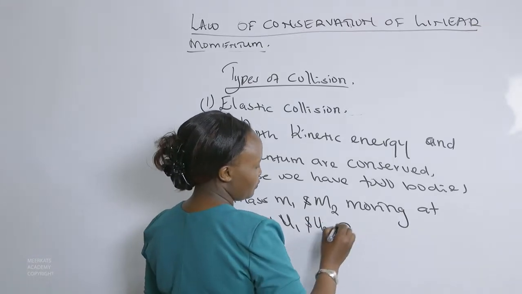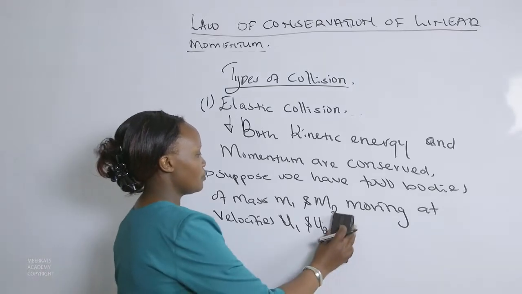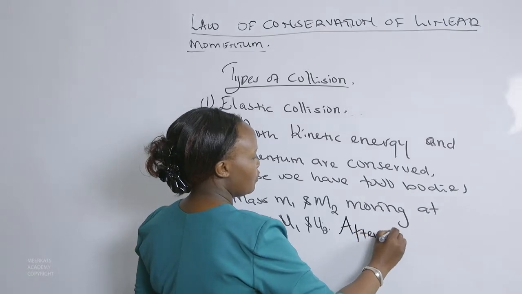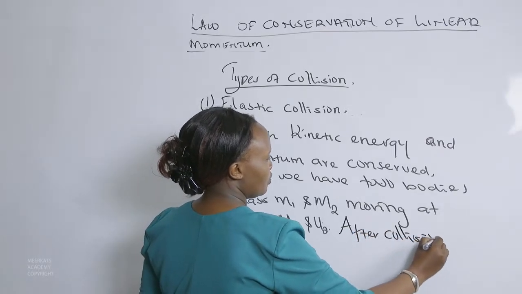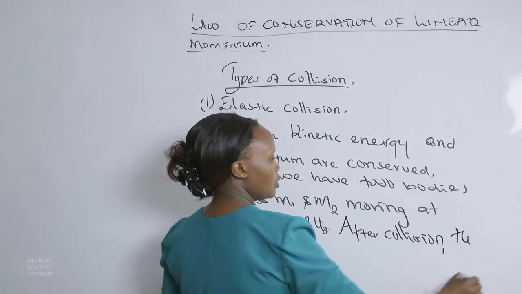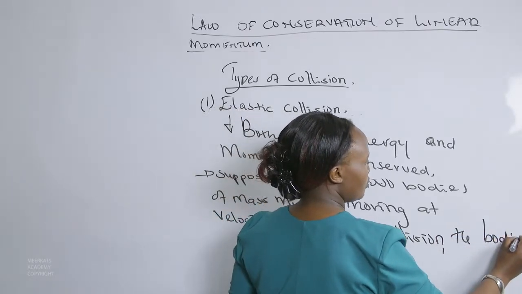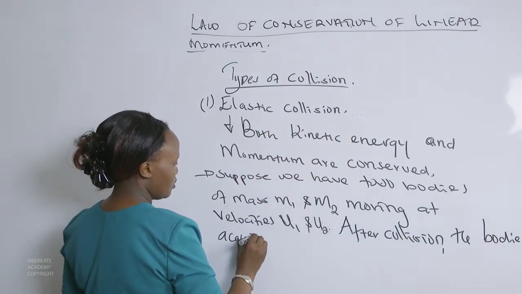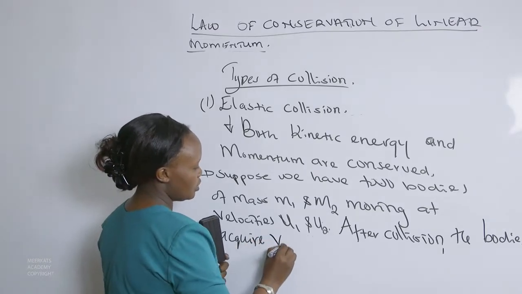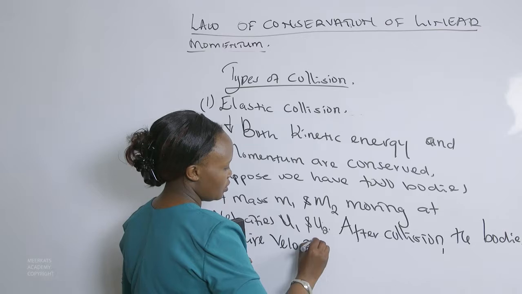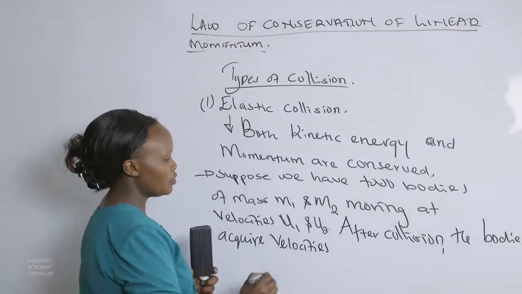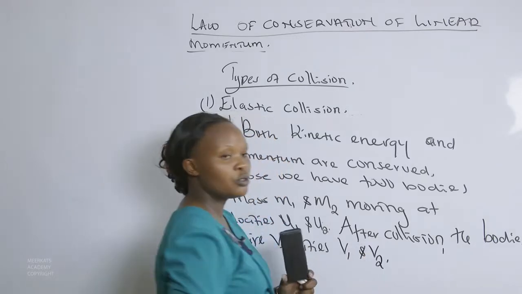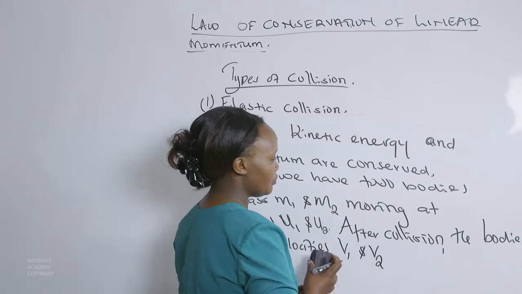Now, after collision, the bodies acquire velocities. They acquire velocities v1 and v2 respectively.